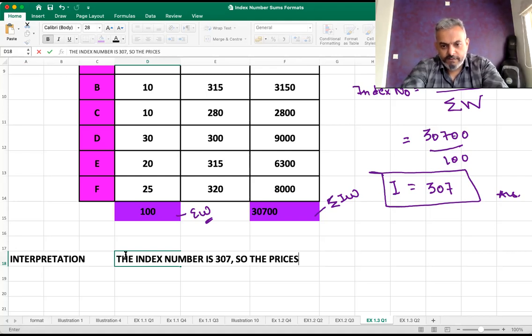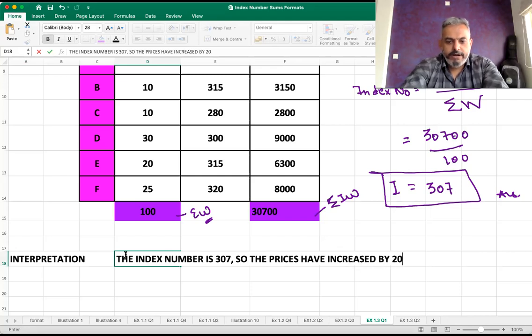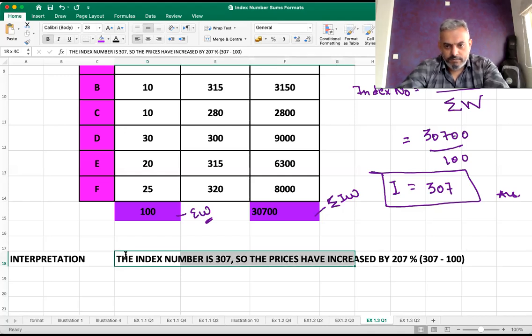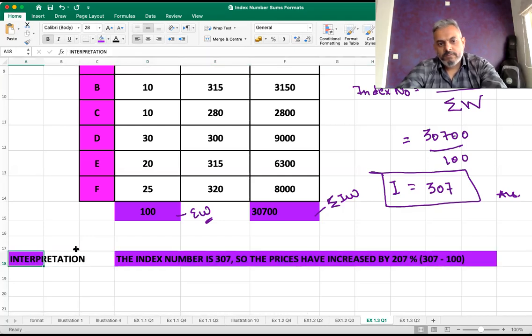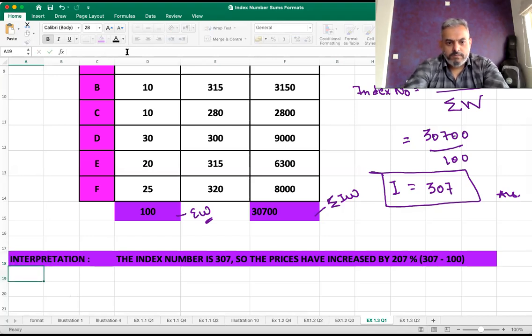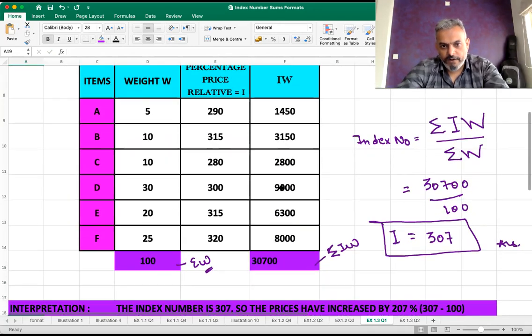So the prices have increased by 207 percentage. How is it 207? 307 minus 100. This is the final answer. You have to write this.